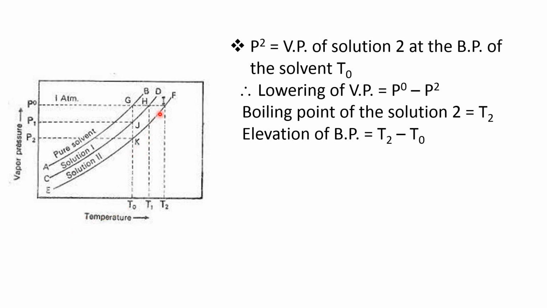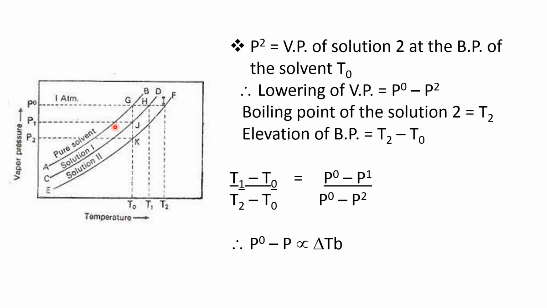Then you have to heat the solution more, so that at temperature T2 its vapor pressure becomes equal to atmospheric pressure. That means T2 is the boiling point of the second solution. Then the elevation of boiling point in the second solution will be T2 minus T0.